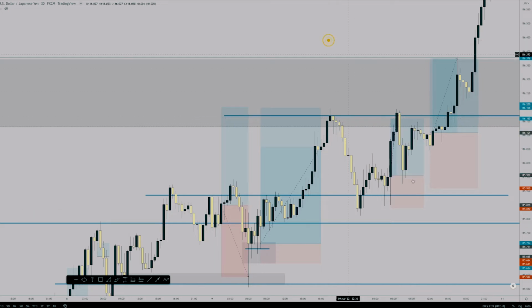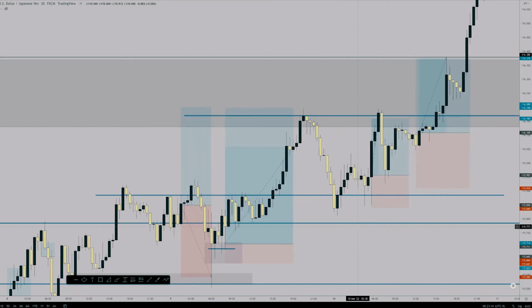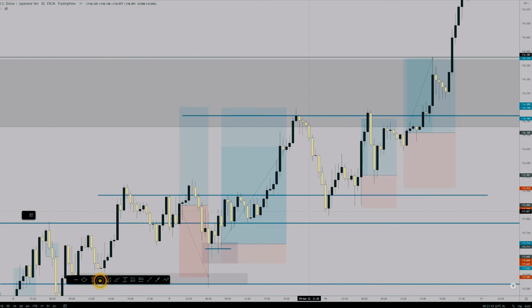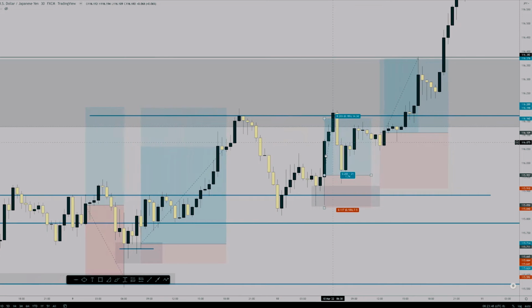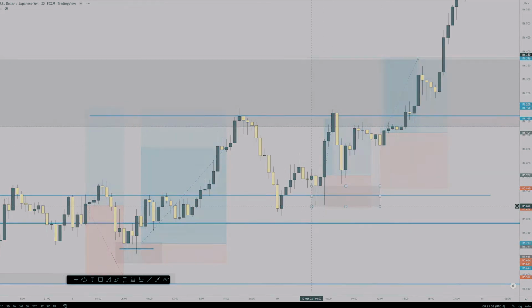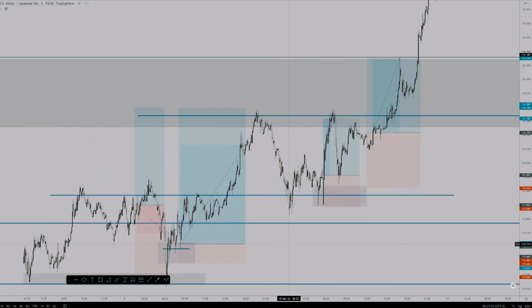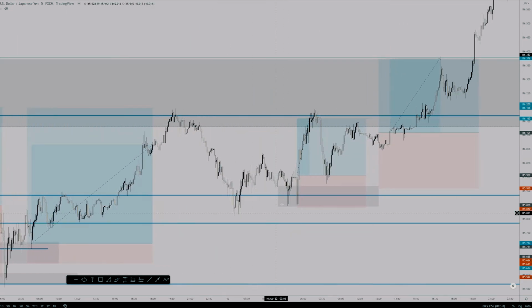So yeah, anyways, I'm going to mark these wicks up in this zone, and this is a candlestick pattern. These two wicks should be like a double bottom or something similar. Yeah, this is a double bottom pattern.